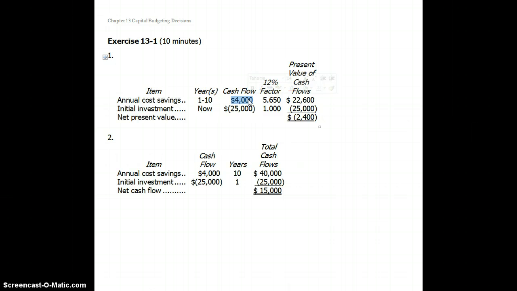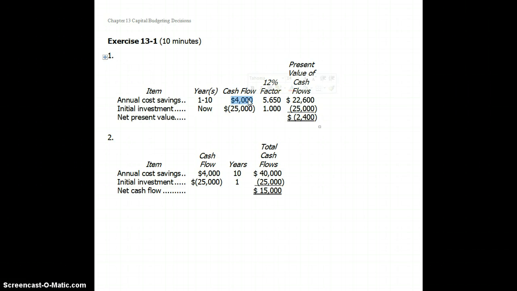The table on page 630 will give us the present value of an annuity, and in this particular problem our discount rate is 12% and the number of periods is 10, because there are 10 cash flows; it's a 10-year annuity, 10 years of cost savings.